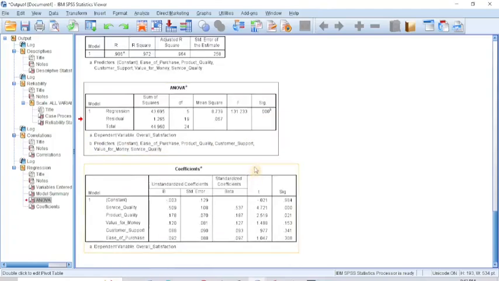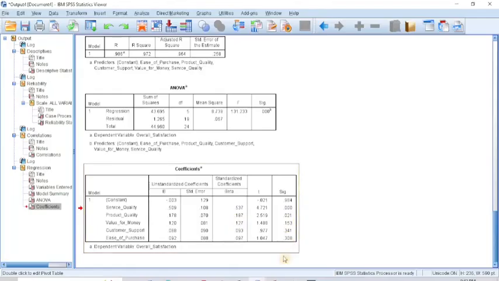From the coefficient table, service quality has a beta coefficient of 0.537 and a p-value of 0.000, and product quality exhibits a beta coefficient of 0.187 and a p-value of 0.021.